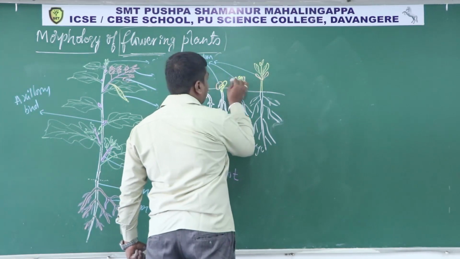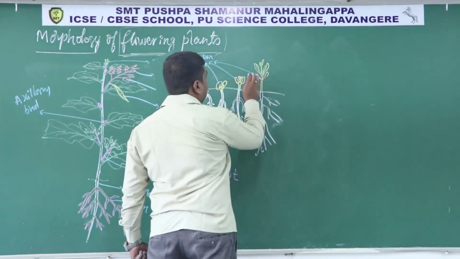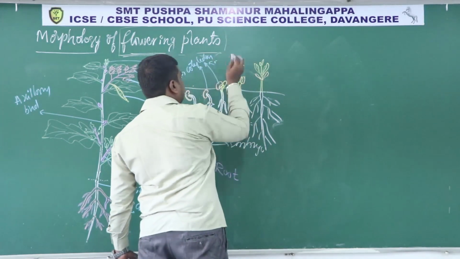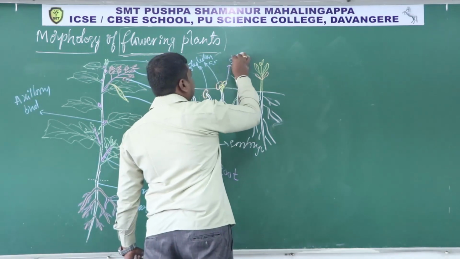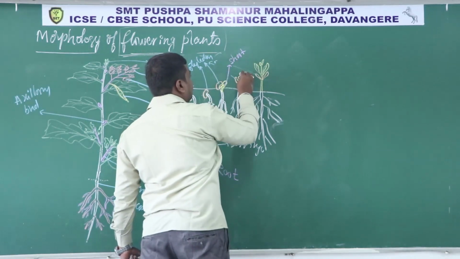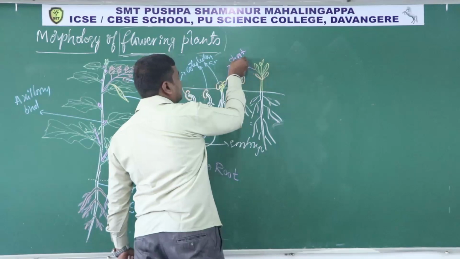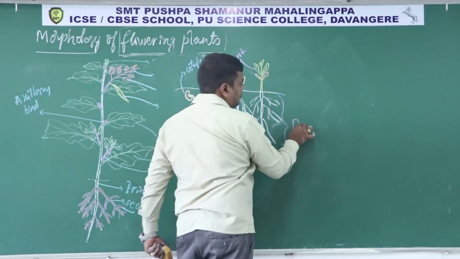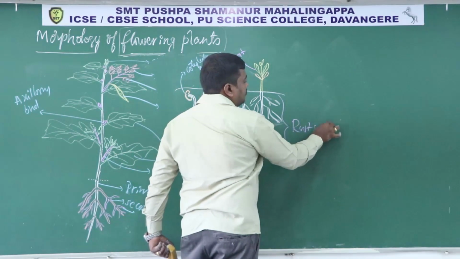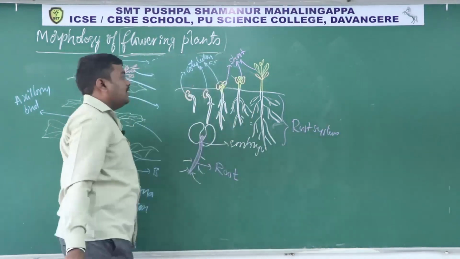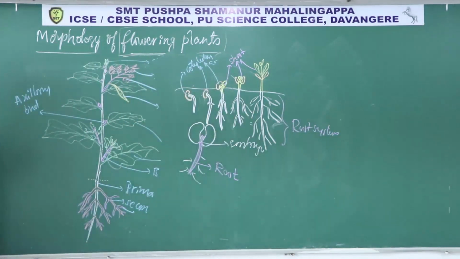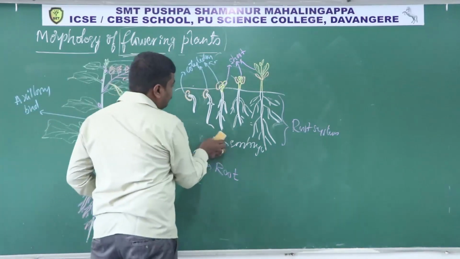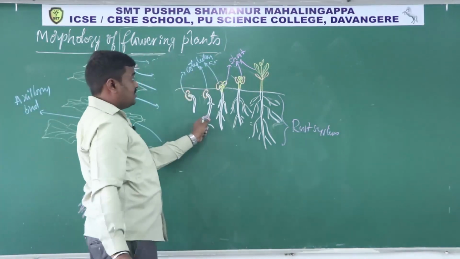So this is the shoot system, and this whole part is the root system, the part which came out during germination. So these are the successive stages.